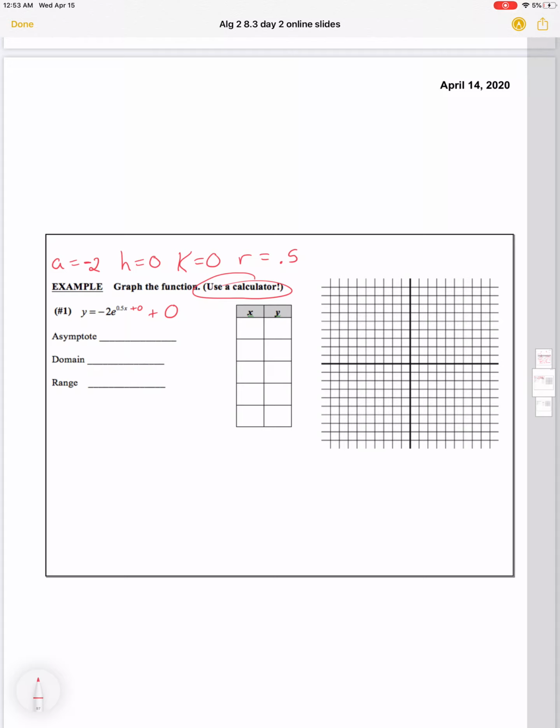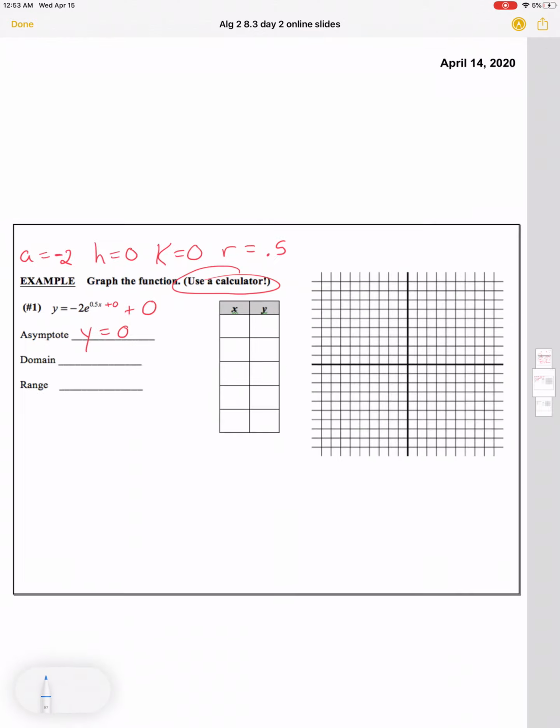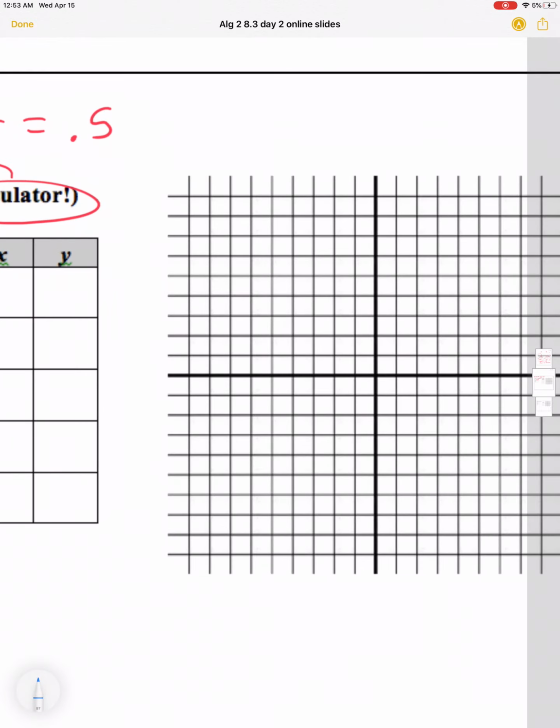Okay, so the asymptote is the k value. So our asymptote is going to be at y equals 0. I'm going to change colors. If I zoom into my graph, the asymptote is going to be a dashed line at y equals 0.